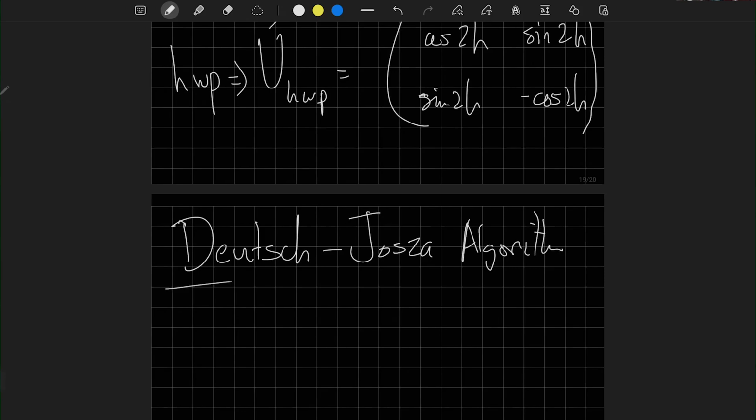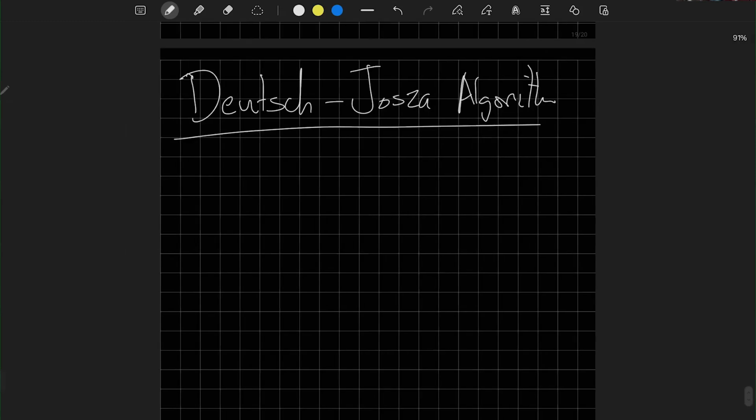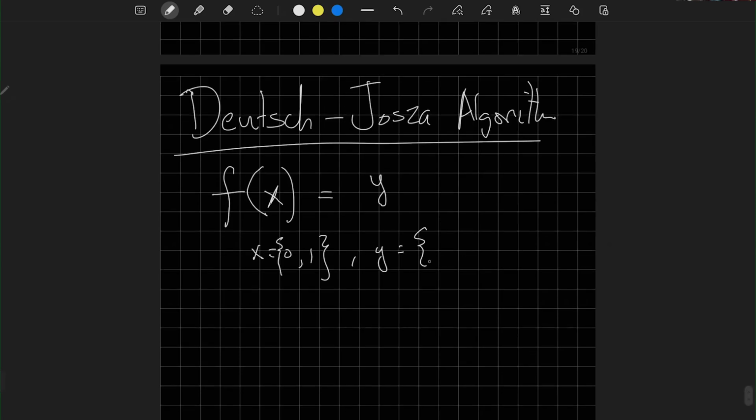Now what does this algorithm do? The algorithm separates out between two kinds of possibilities. Suppose I have a function f, and this function acts on x, where x is 0 or 1, and gives me output y, where y is 0 or 1.